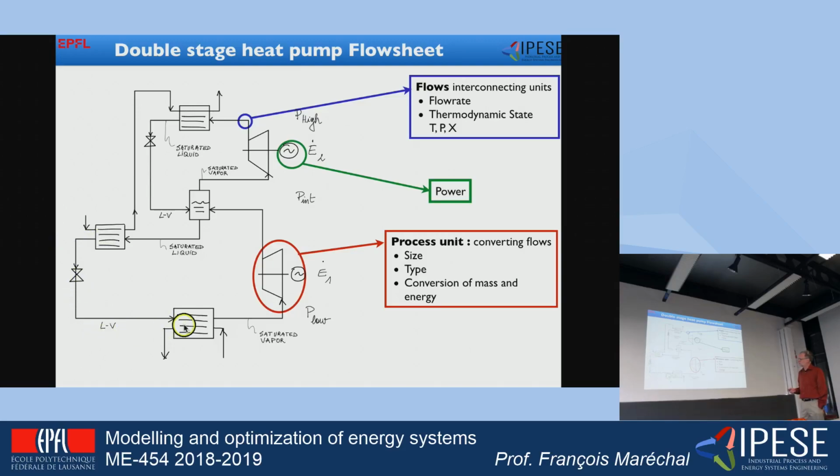So for example, here, that have some characteristics of states. So for example, here you have a vapor state, here you have a liquid vapor state, here you have a liquid state.